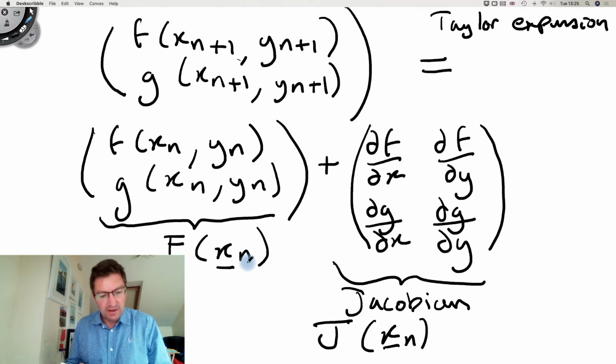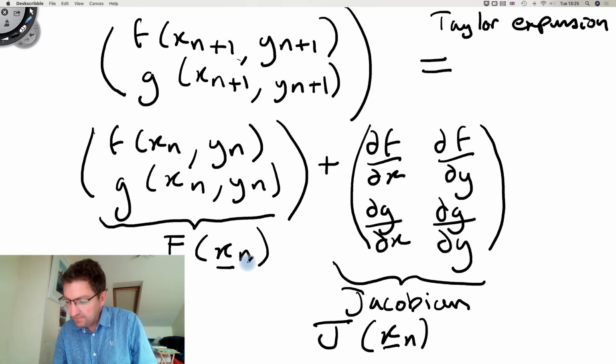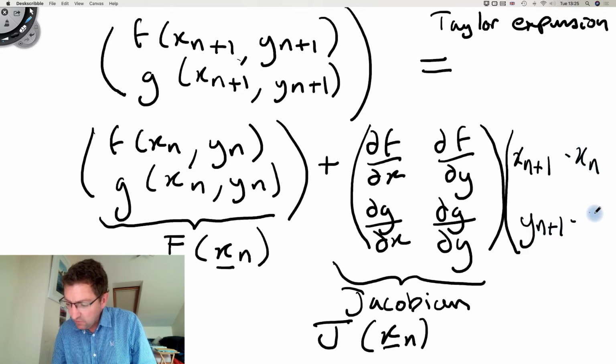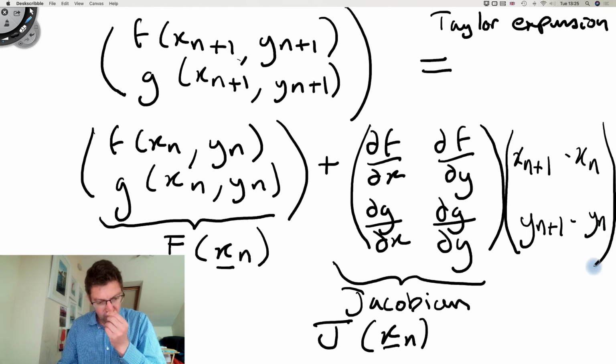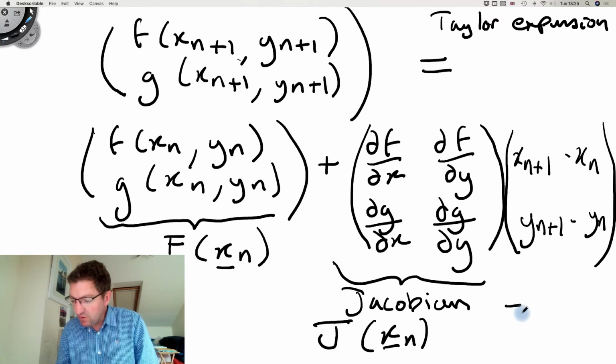And then we've got x n plus 1 minus x n on the top, and then y n plus 1 minus y n. And because we're looking for the root, we're looking for the zeros, this equals zeros.